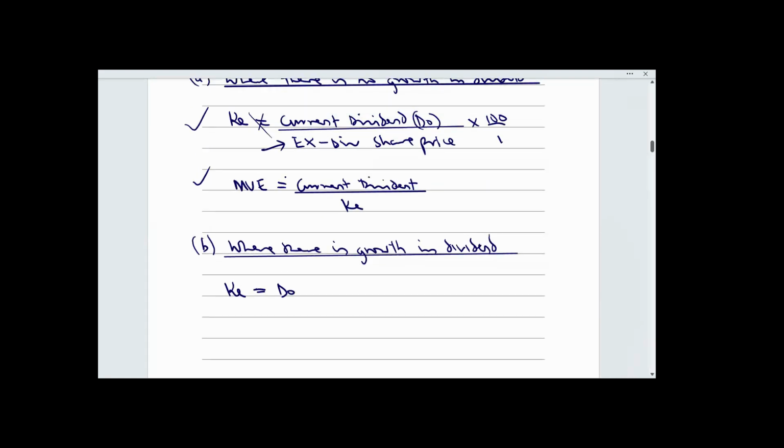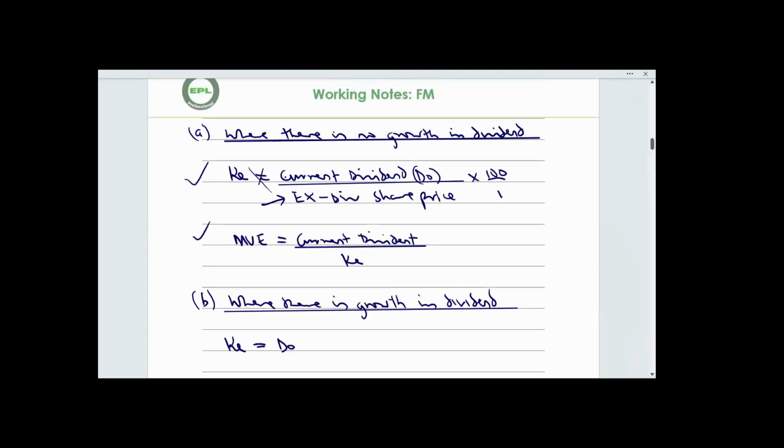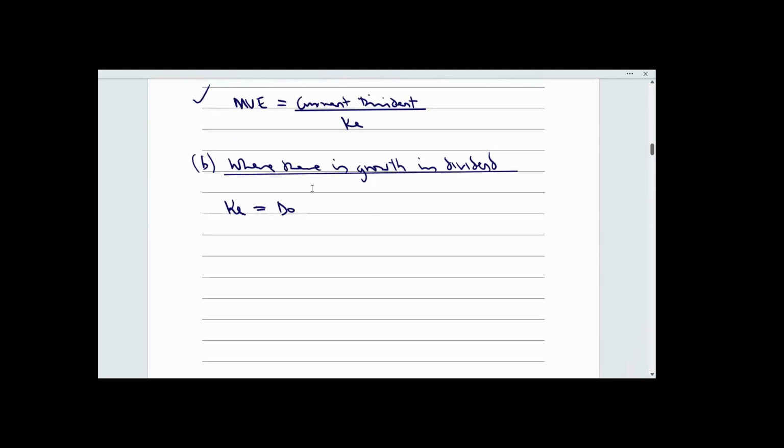You recall that I've denoted the current dividend as D0 here. So watch out. Because there's growth in dividend payments, you are going to pick the current dividend, multiply with 1 plus the growth rate, then divided by ex-div share price, plus the growth rate. All of this multiplied by 100%.